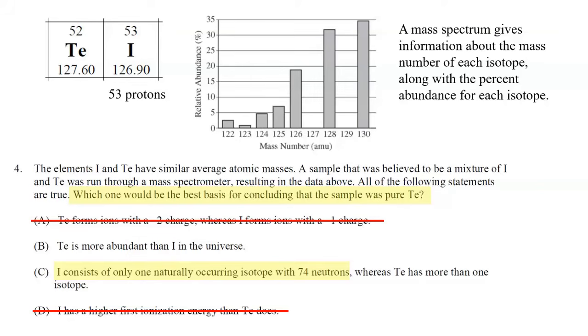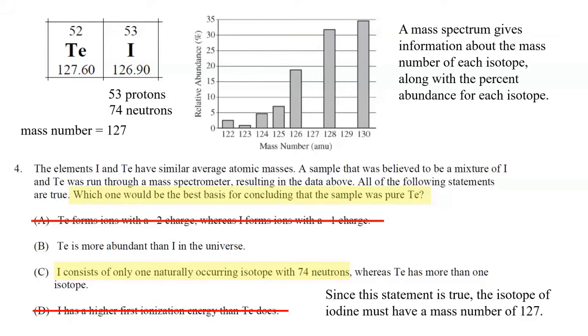If iodine has an isotope with 74 neutrons, 53 plus 74 is 127. So there would be a mass number of 127 for this isotope of iodine. Well, in the diagram, we do not see a peak for mass number 127, so therefore this sample cannot contain iodine and it must be pure tellurium.